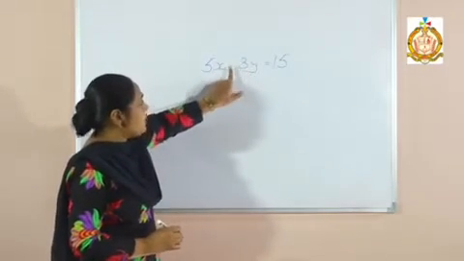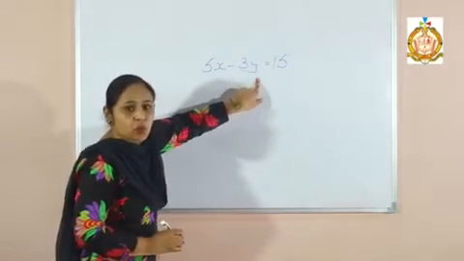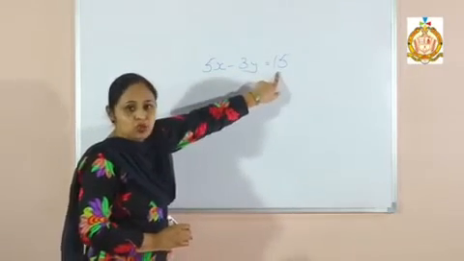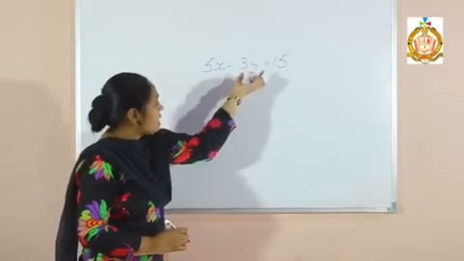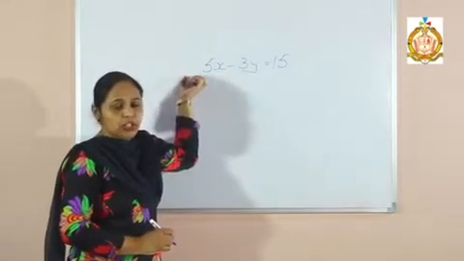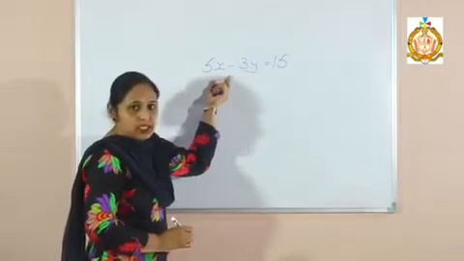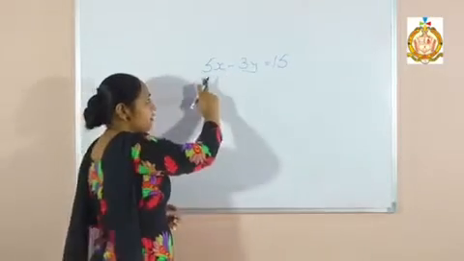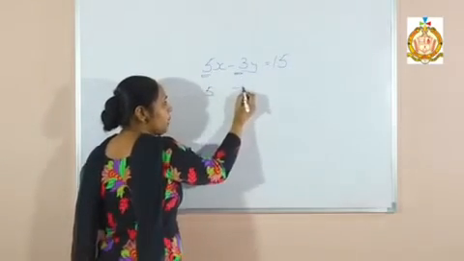This 3 with the negative sign, minus 3 is the coefficient of y, and this equals the constant value. That means the coefficient here is 5, here the coefficient is minus 3 with your sign. If it is positive, no need to take positive, but if it is negative, we have to take the minus sign also. So it means 5x, the coefficient is 5, here the coefficient is minus 3.